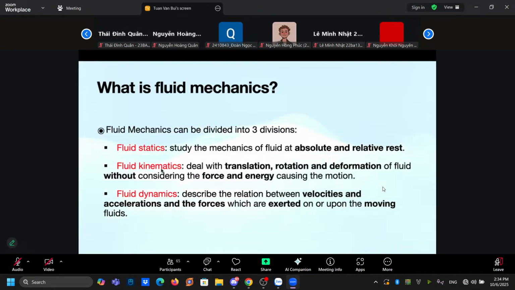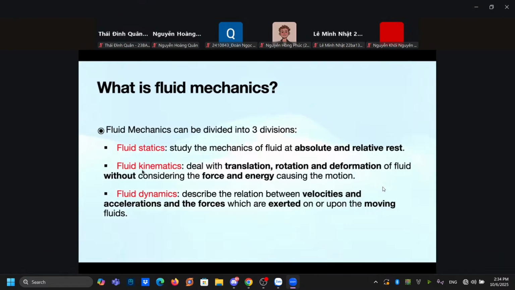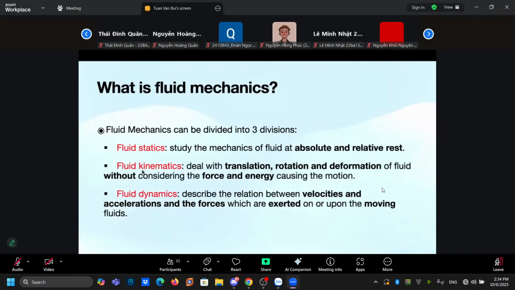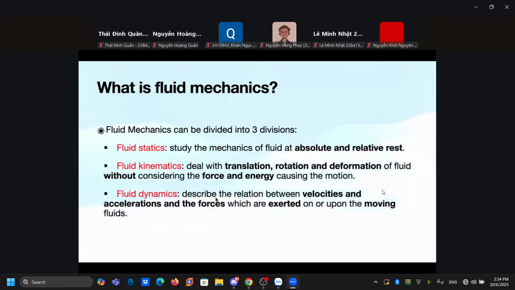Then you have fluid kinematics, which deals with translation, rotation, and deformation of fluids without considering the force and energy causing the motion. And last, fluid dynamics describes the relation between velocity and acceleration, and for dynamics we consider the force exerted on moving fluids.